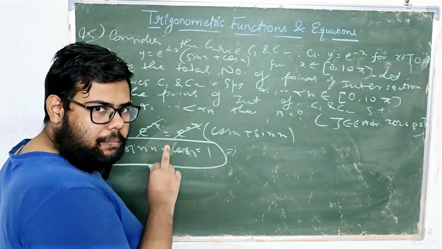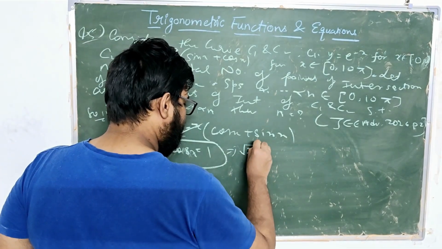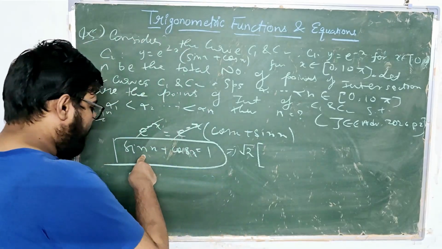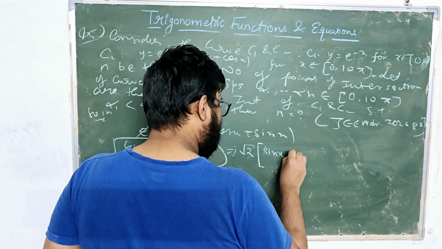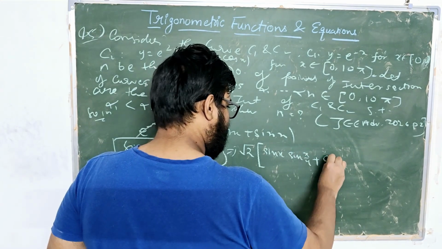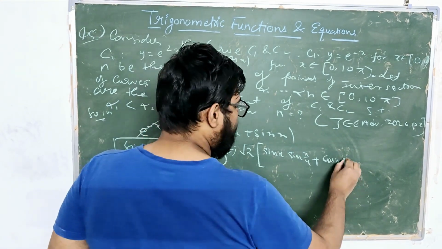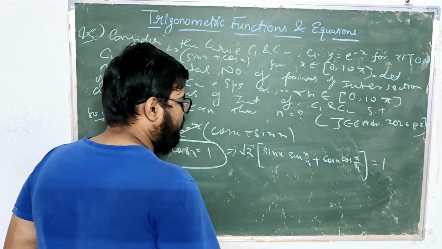Since the angle is the same, you can take root 2 as common and you will get sine of x into sine of pi by 4 plus cos of x into cos of pi by 4. This is equal to 1, right?